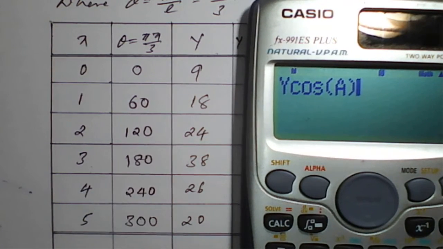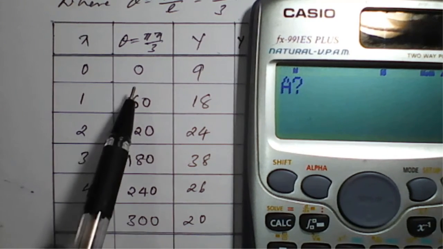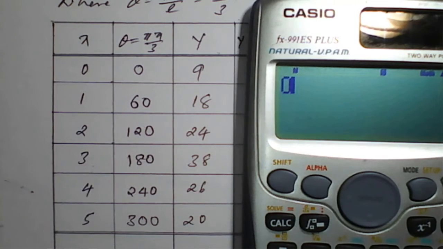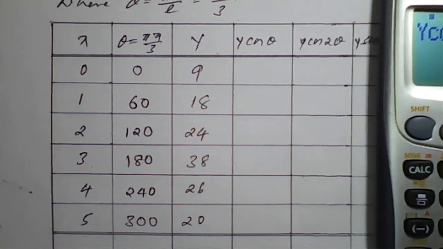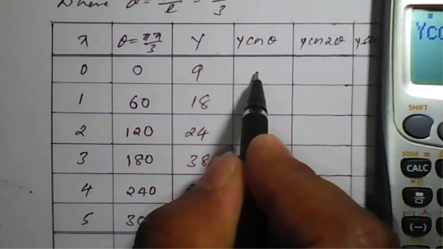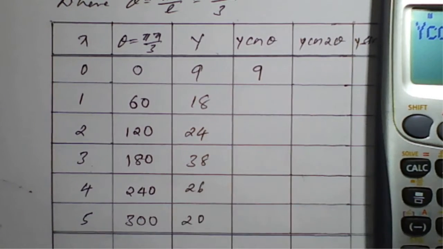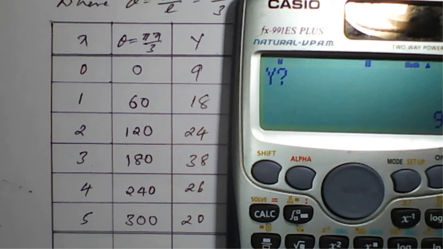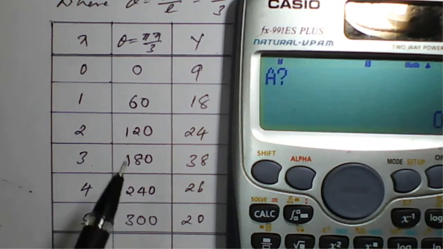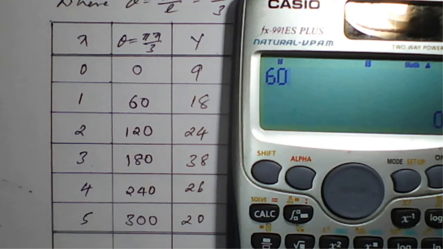So what is the y value here? 9. If you go to the calc option, y value is 9, and the A value it is asking will be 0. So y cos theta will be 9. Next, again go back to the calc option. Y value is 18 and theta value will be 60, that is A value will be 60.